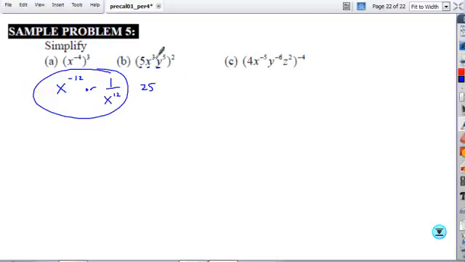The base of x cubed gets squared. When you take a power to a power, you do what with the powers? Multiply. 3 times 2 gives you a 6. And then finally, the base of y is squared. So y to the 5th squared, take a power to a power, you get 10. So that would be the simplified form for B.